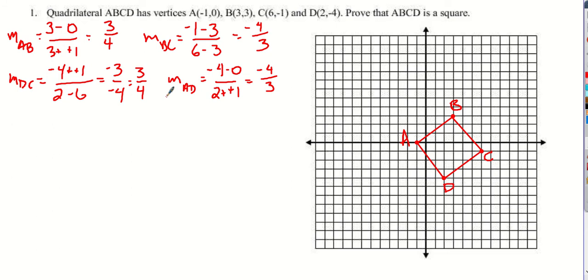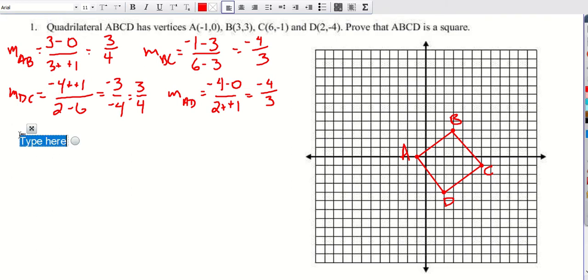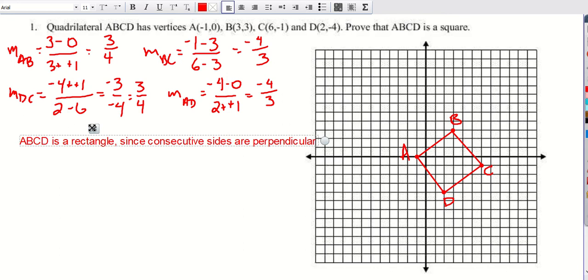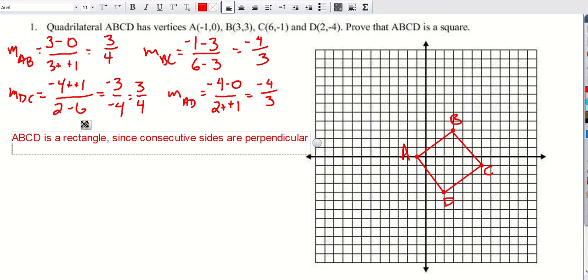We're going to make a statement underneath and say that ABCD is a rectangle since consecutive sides are perpendicular. And then we put down the reason we know that, which is slopes are opposite reciprocals.